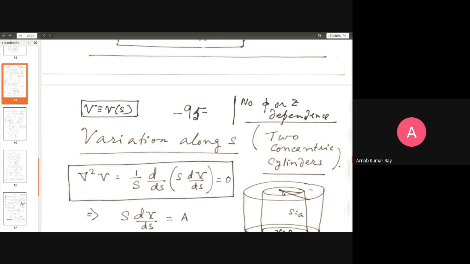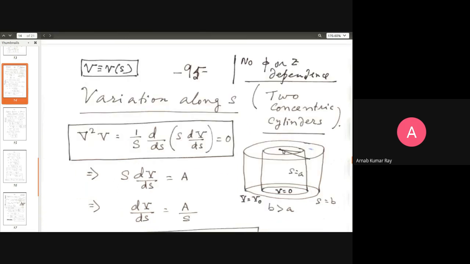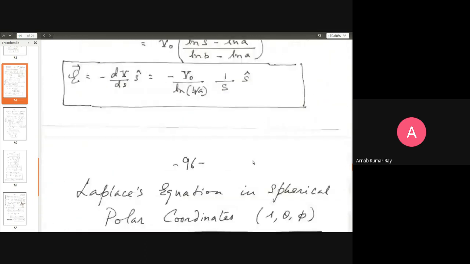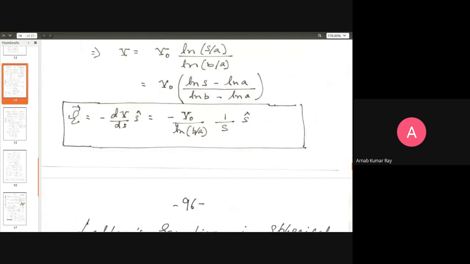The charges are somewhere within the first boundary, but I've just asked you to study the system within the two boundaries where there is no charge. But the source is in a cylindrical configuration, therefore the electric field will fall off as 1 upon S. It's the same thing you're getting over here. E goes as some constant quantity, minus V naught by log b by a, into 1 upon S, S cap.